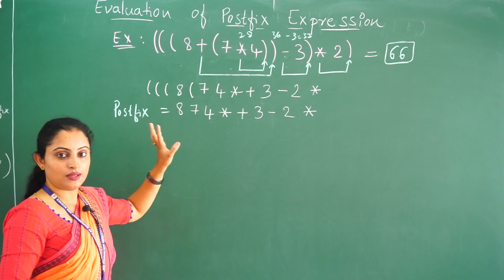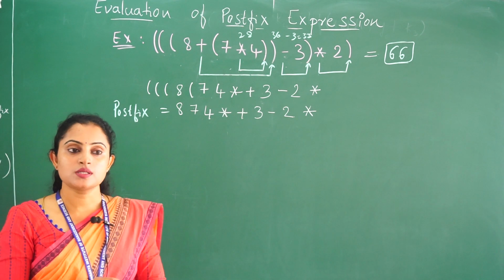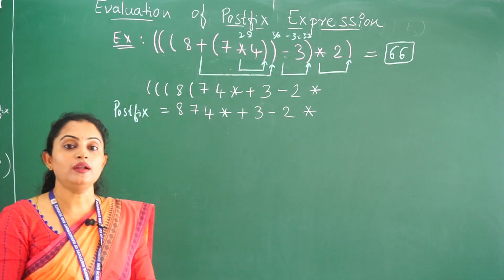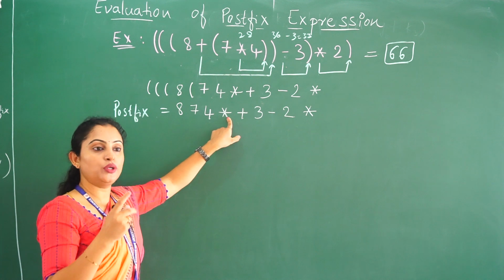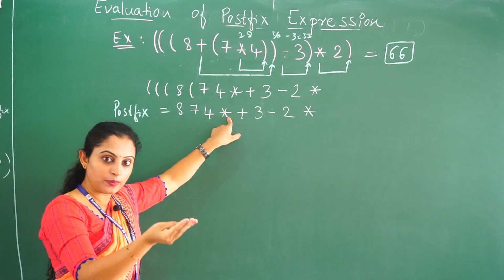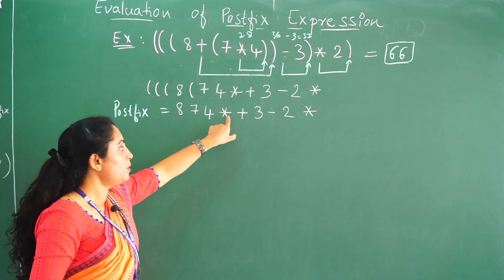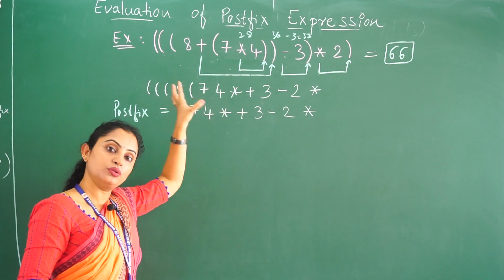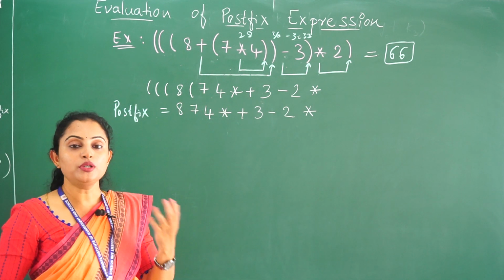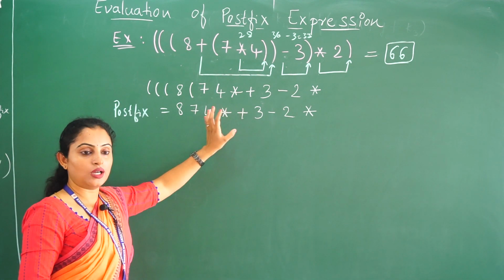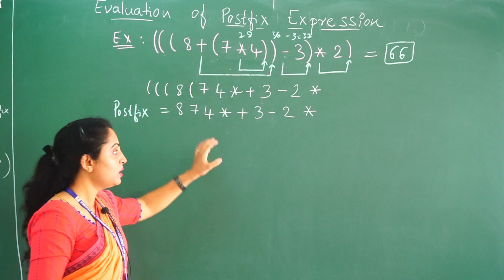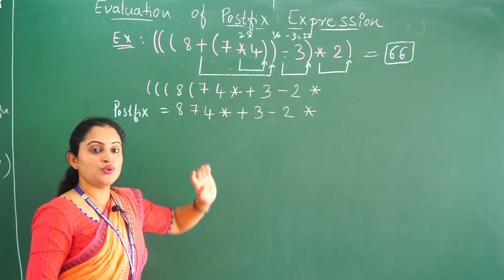So only this is the rule: whenever an operand is encountered, push into the stack, and whenever an operator is encountered, pop only the top 2 elements and perform the operation on the popped 2 operands. So let us see how to do the evaluation of the given postfix expression using a stack.